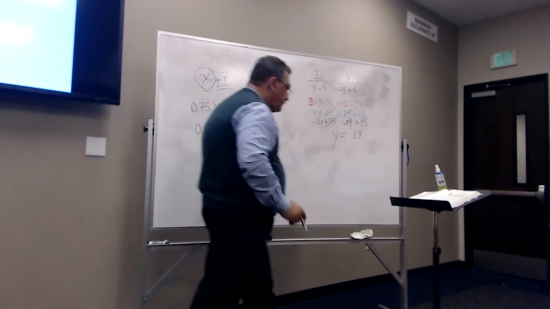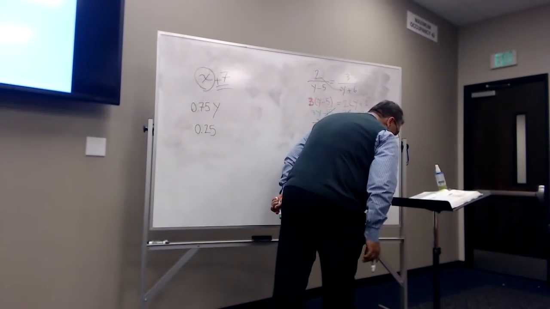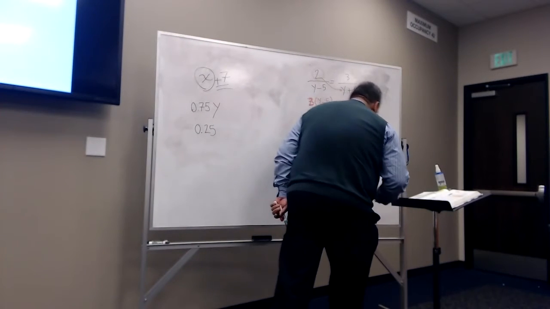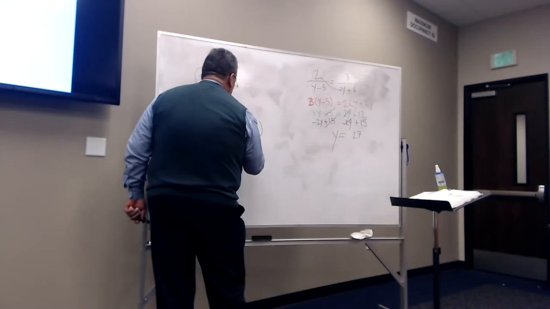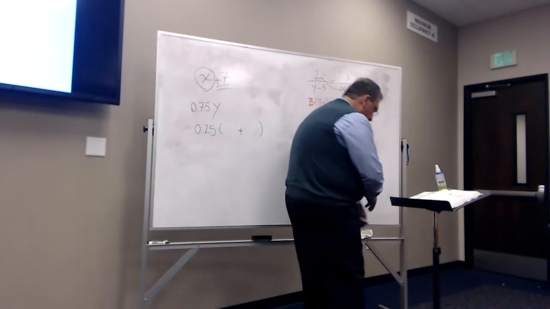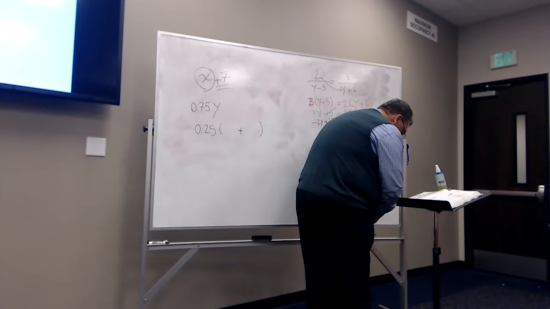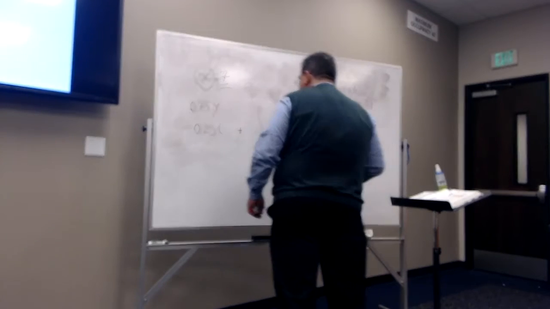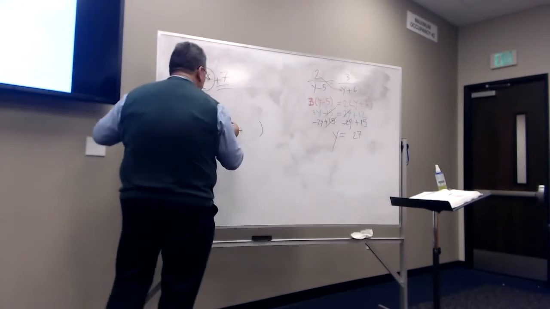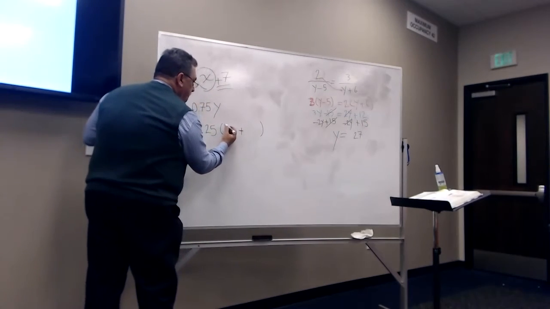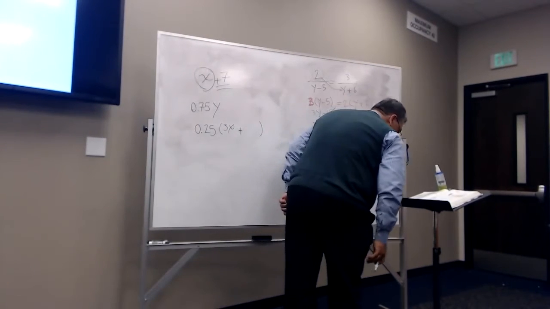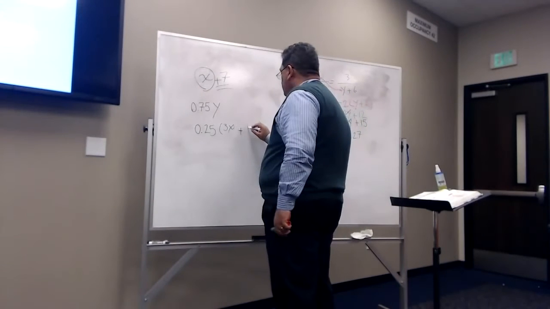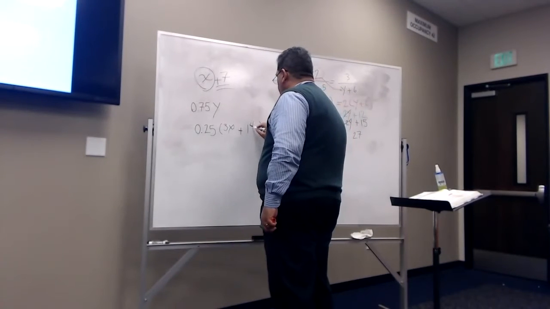Then you have 25% of the sum, so we know you have plus. Sum of 3 times a number, whatever that number. So 3 times a number, how do I write? 3x. And 14. Okay.